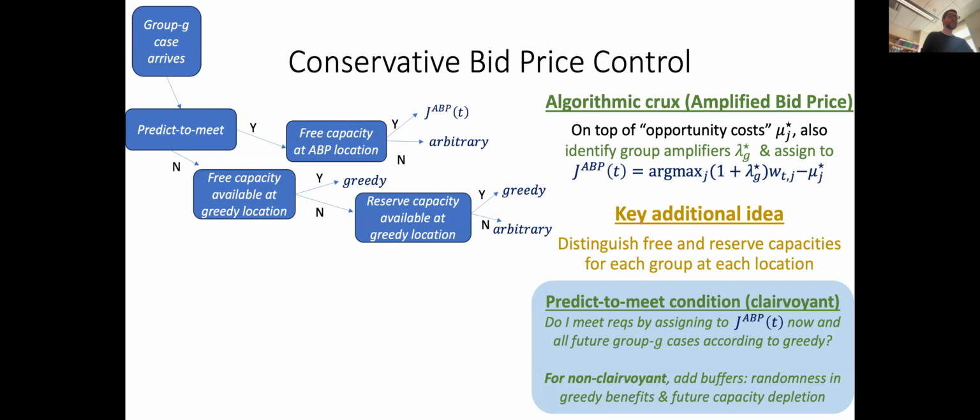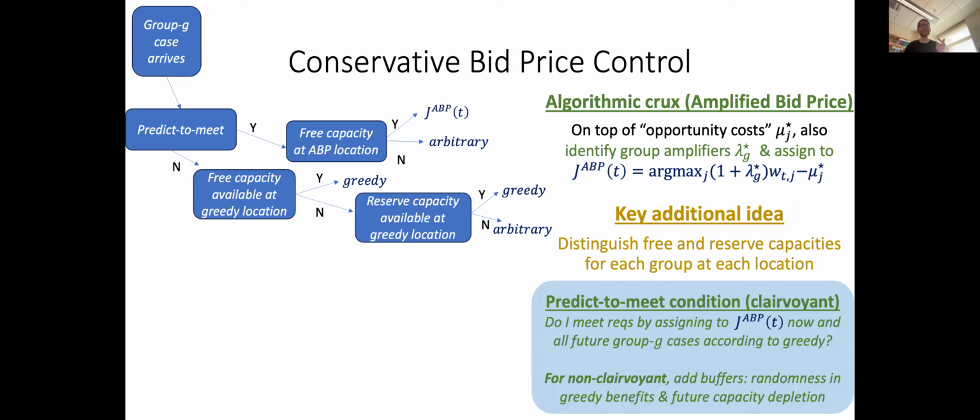And then if we find that the free capacity is also exhausted at the greedy location, that is where the reserve capacity comes in, and we ask, is there reserve capacity for this group at this location? If yes, we can still assign greedily, else we assign arbitrarily.